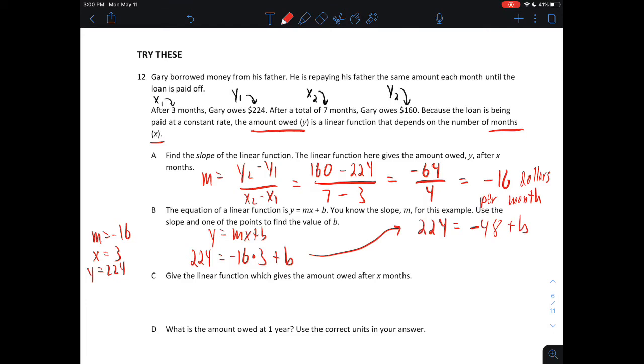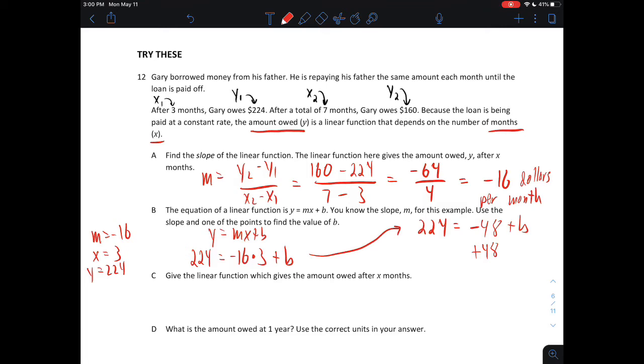So it's just like the previous example where I want to get b all by itself. So you could think, all right, I need to do subtraction because I see addition, and I need to subtract the number that I have in front of me, which is negative 48. But subtracting a negative is the same thing as just adding 48.